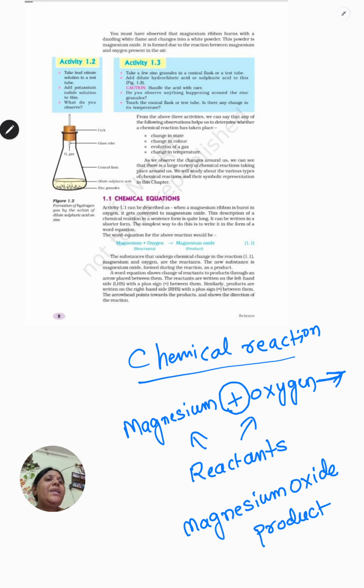Similarly, products are written on the right hand side, RHS, with a plus sign between them. Actually in this reaction only one product is there, that's why we just represented magnesium oxide over here. So this is the form of representing the chemical reaction using a word equation.